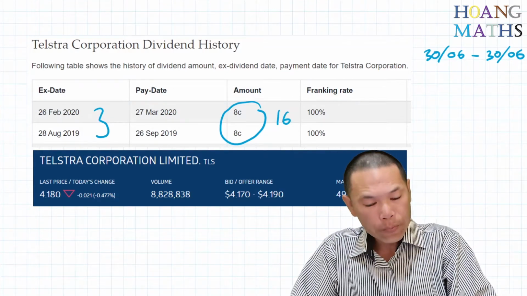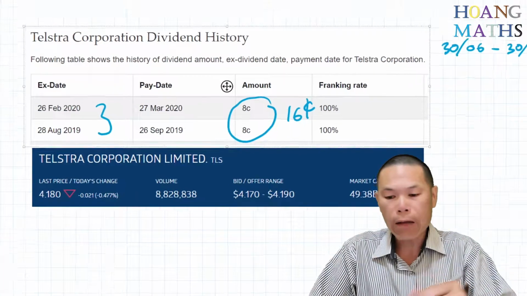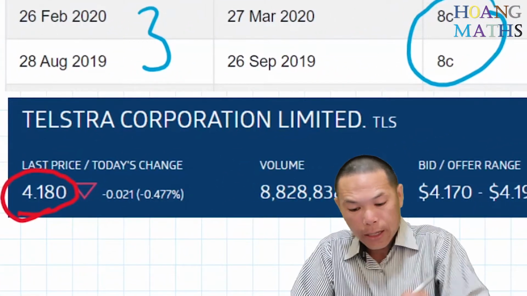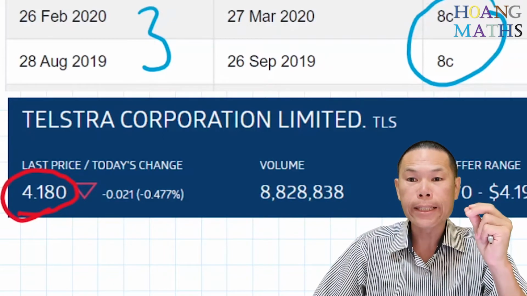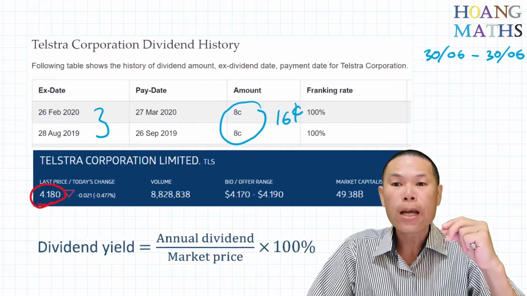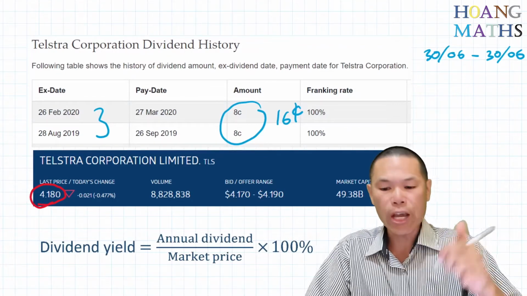Therefore, to work out the dividend yield, we know that the market price is $4.18. We use the annual dividend over the market share price.